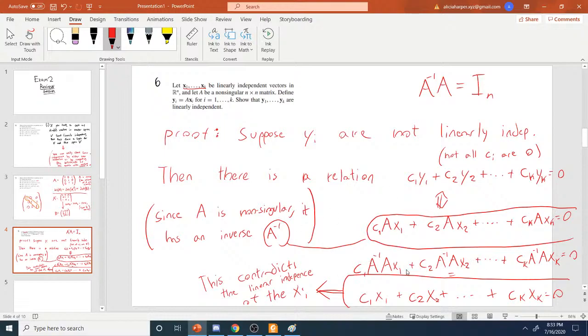We do that here, and we note that A inverse times A is the identity matrix. So we can get rid of these matrix products, and we're left with a relation between the xi vectors. And the fact that not all the ci are 0 here implies not all the ci are 0 here, which contradicts the linear independence of the xi.